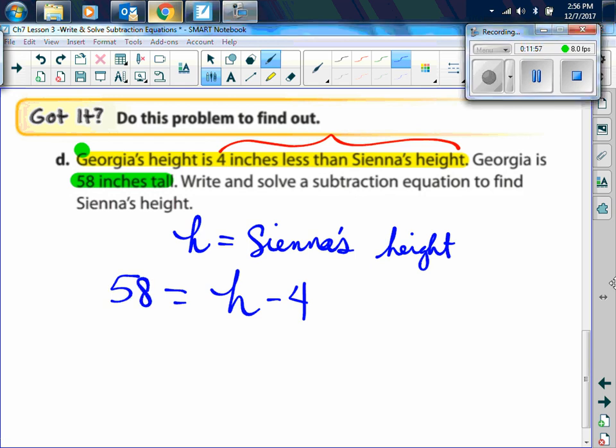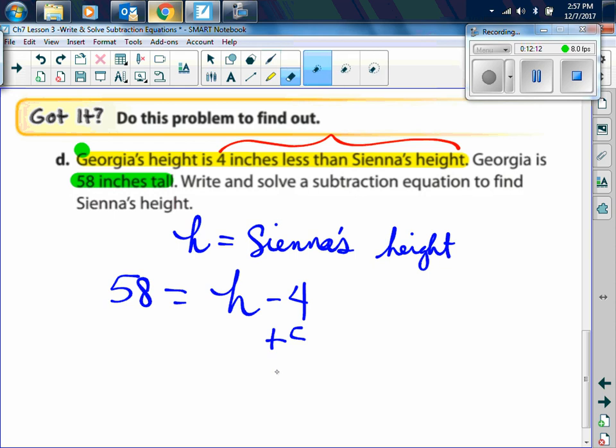So how do I solve for H? How do I get the H by itself? Add 4 on both sides. Very good. So we're going to add 4 on this side, and we're going to add 4 on the other side.